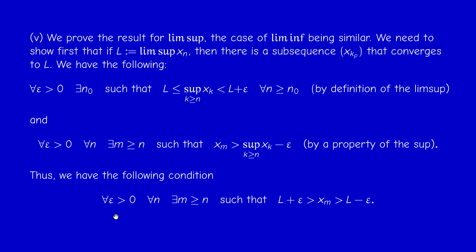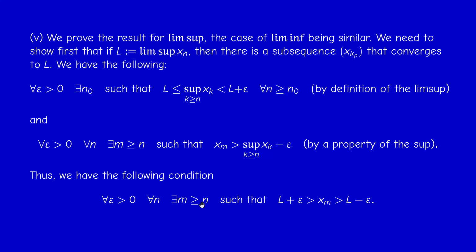So we have proved this condition: for every epsilon positive and for every n, there exists m bigger or equal than n, such that xm is between L minus epsilon and L plus epsilon. And this is the key to construct a subsequence that converges to capital L.